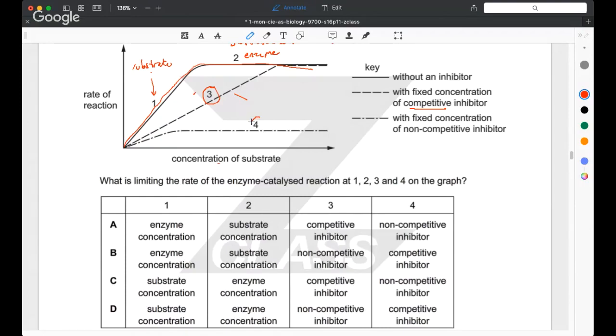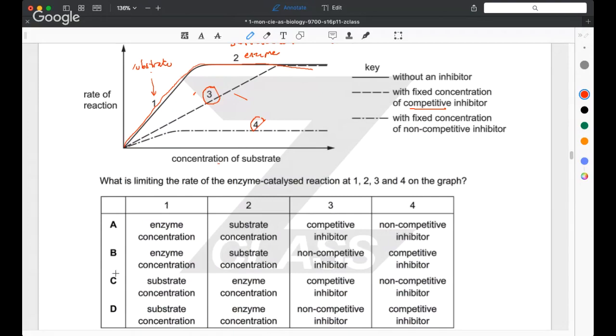And in 4, the non-competitive inhibitor binds to the enzyme, it distorts the shape of the enzyme and reduces its catalytic activity. And so no matter how much substrate you add, you can't get away from the fact that the non-competitive inhibitor has distorted the shape of the enzyme and reduced its catalytic activity.